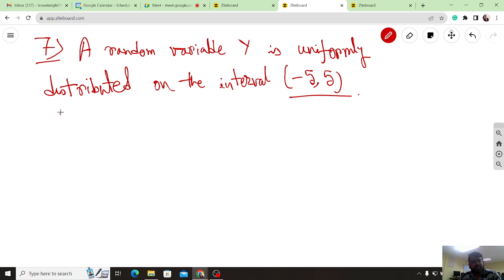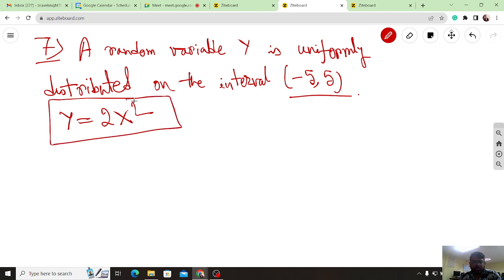And another random variable x depends on y in the following fashion.